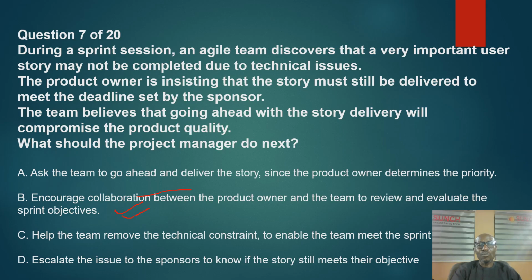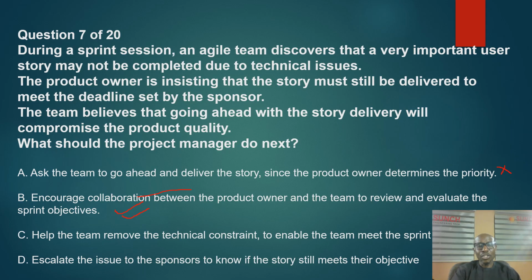A, ask the team to go ahead and deliver the story since the product owner determines the priority. In Agile, collaboration is the key. It is a collective decision. So this doesn't look like it. We'll come back to it.